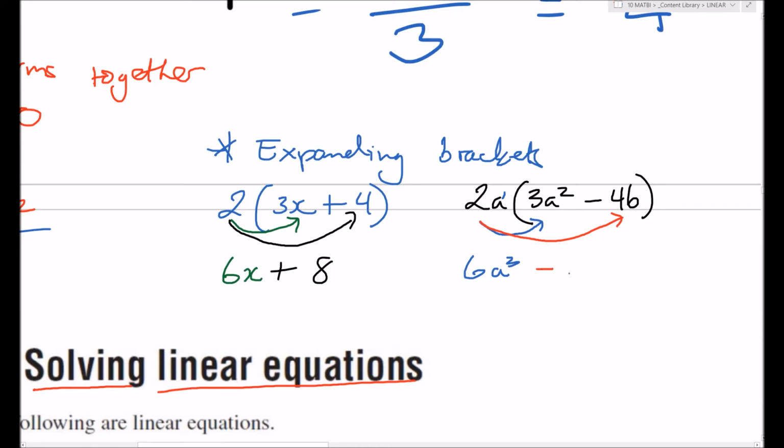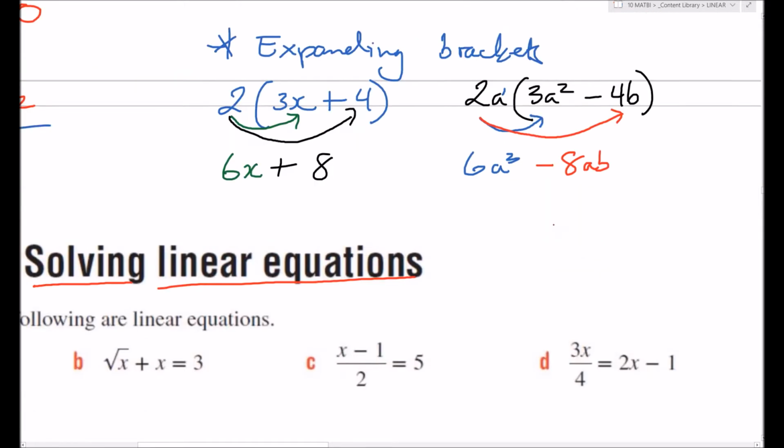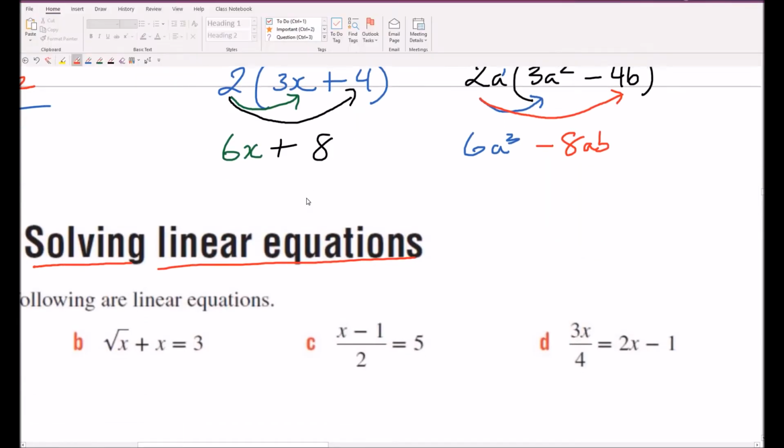So 2 times 4, the coefficients multiplied, will give you 8. A to the power of 1 times b: well, you can't put them together because they're different variables, so you're left with ab. Okay, let's do one more example to really help you guys understand this.